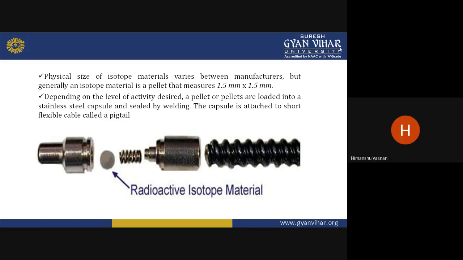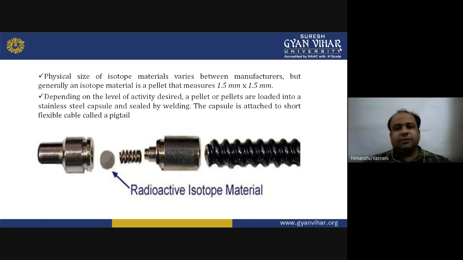We have to go with standardization. So they generally make isotope material in a pellet size, and depending upon the activity desired, a pellet or pellets are loaded into a stainless steel capsule and sealed by welding.